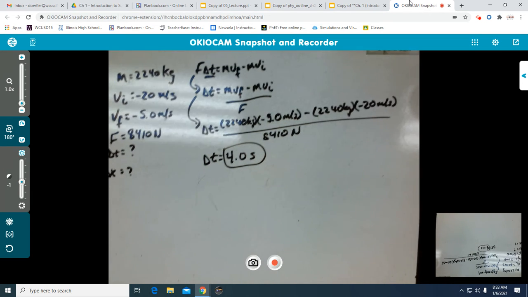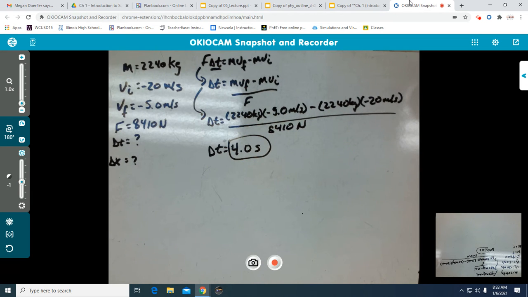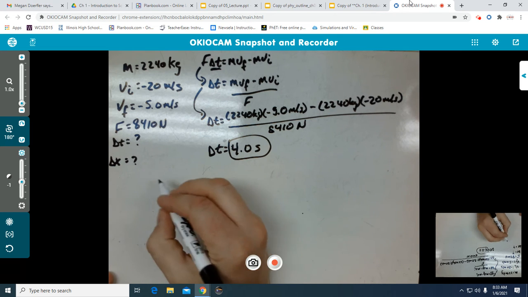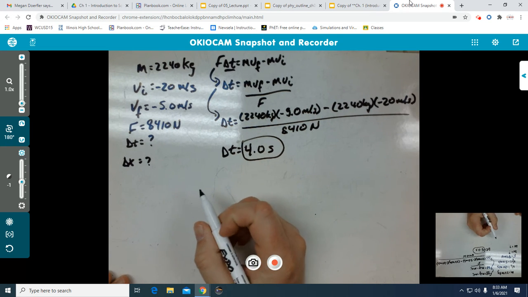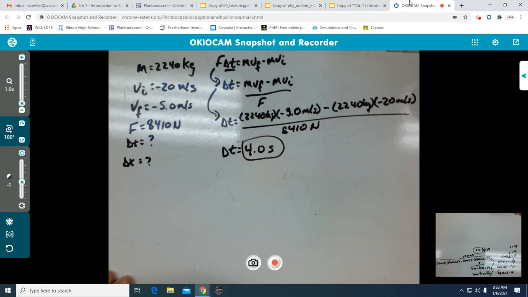So we need to reach back all the way to chapter 2, and I believe it's section 2 of chapter 2, where we have the formula for displacement with uniform acceleration. I'm going to write this down, and you can rewrite it if you want to, or you can go back to chapter 2, section 2, and highlight it. Either way, make a note somewhere.